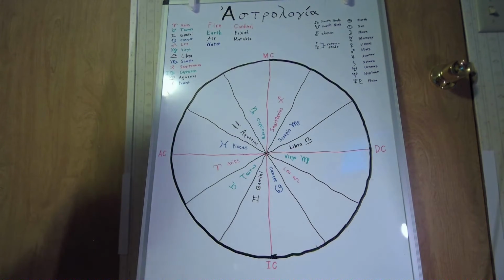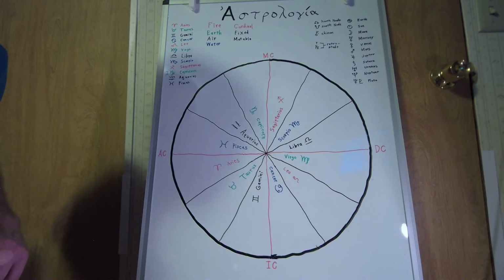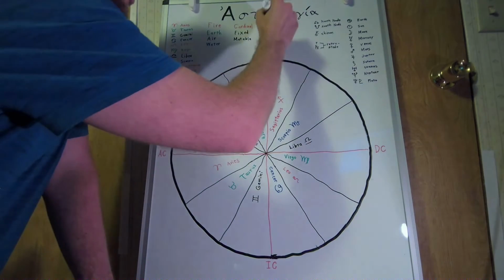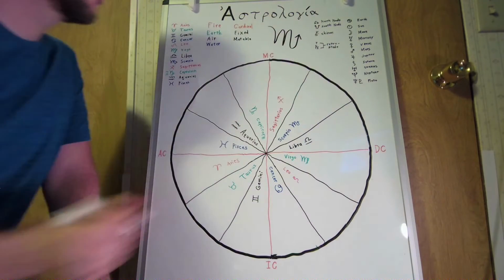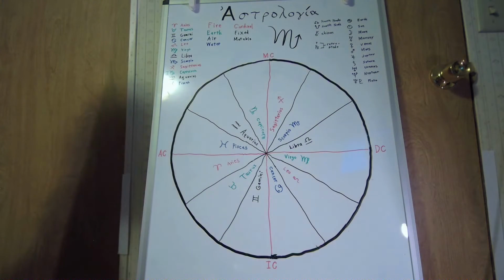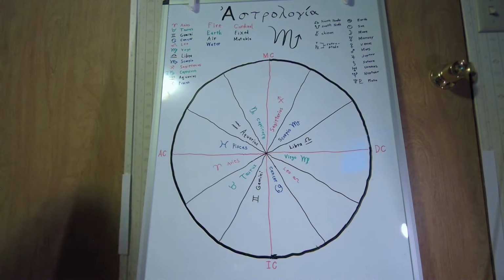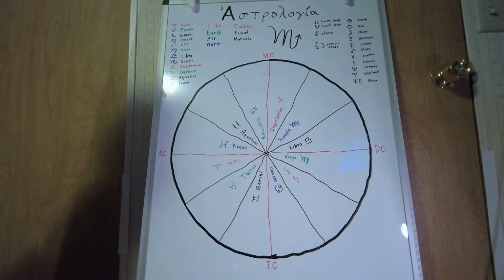Next, we have Scorpio. Scorpio the Scorpion. Scorpio is fixed water, so it's emotional and intuitive, and it's resistant to change.